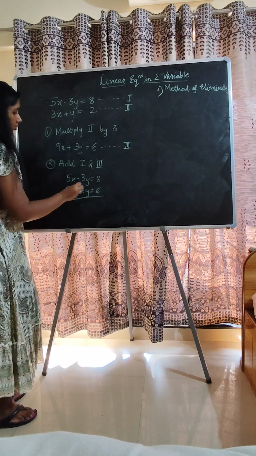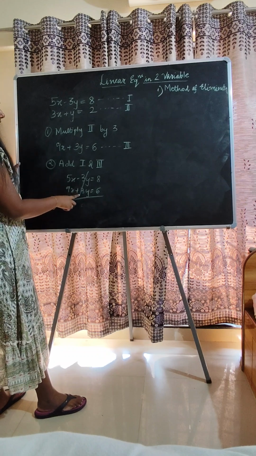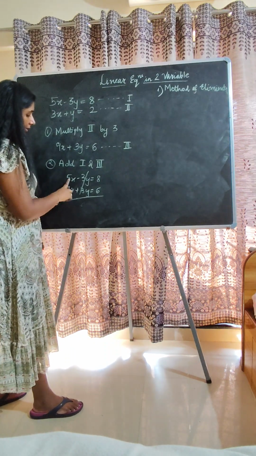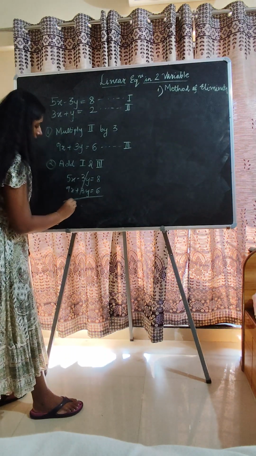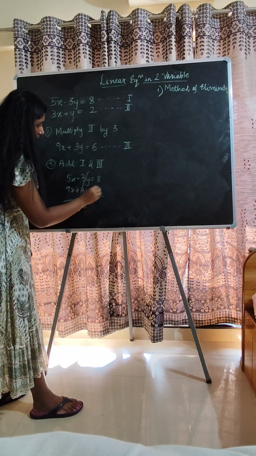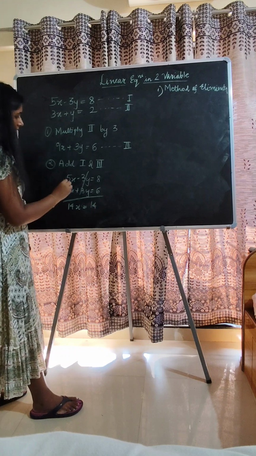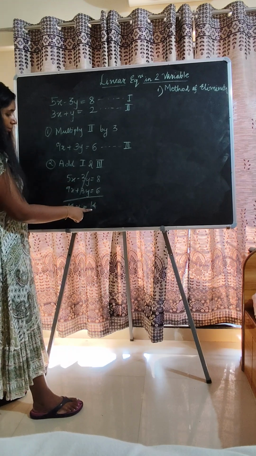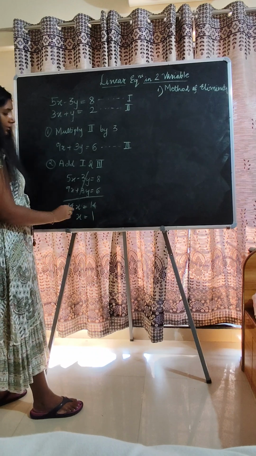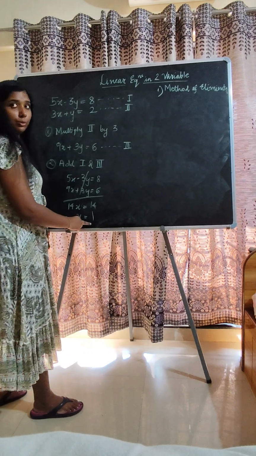When you add these two, minus 3y plus 3y cancels, and 9 plus 5 is 14x is equal to 14. So 14x is equal to 14. When you divide by 14 on both sides, you will get x is equal to 1.